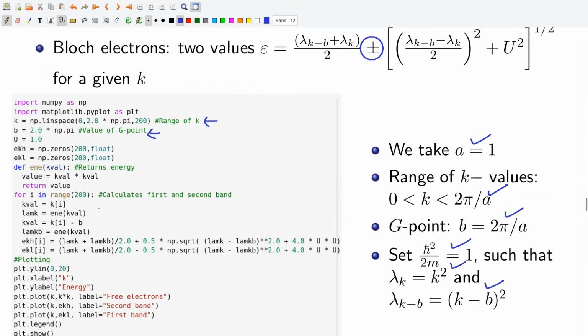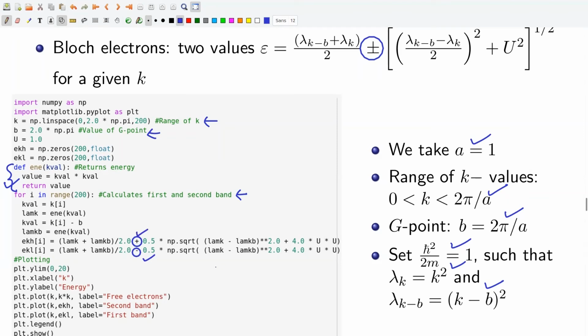Lambda values are calculated using a user-defined function here in the code. Using a for loop, we calculate the energy value for the first band and for the second band. For a given value of k, the first band has lower energy and the second band has higher energy.